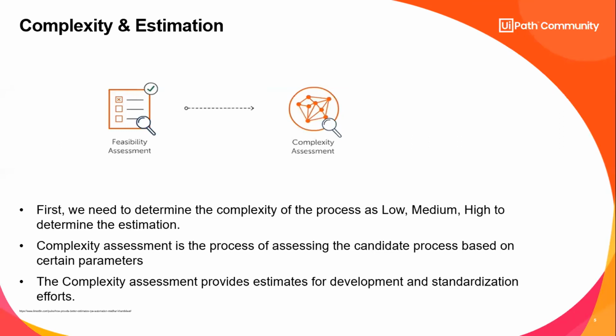As you understand, complexity is just defining how complex that process will be, whether it's going to be low, medium, or high in complexity. That is the complexity level, and it determines how difficult it will be to automate that particular solution. If it is low in complexity, it means it is very easy to automate.